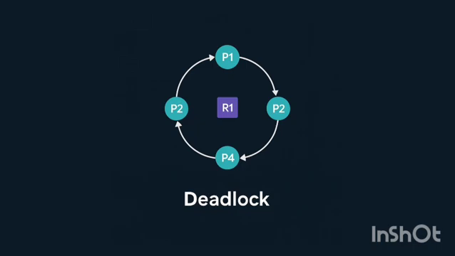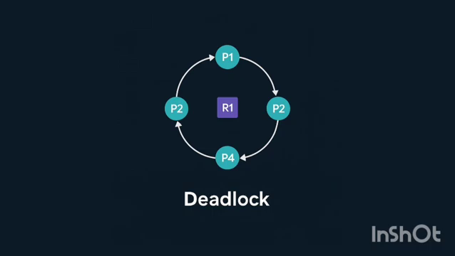So now let's look at this concept technically using a resource allocation graph, which is also known as RAG. In a RAG, processes are shown as circles and resources are shown as squares. An arrow from a process to a resource indicates a request edge, meaning that the process is requesting that resource. An arrow from a resource to a process indicates an assignment edge, meaning that the resource is currently allocated to that process.